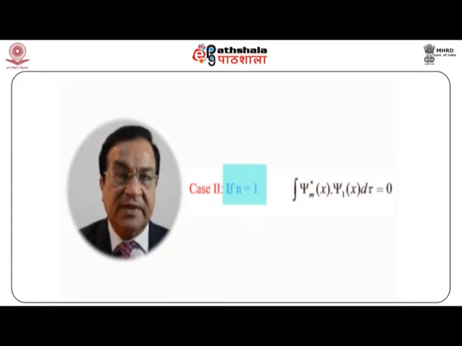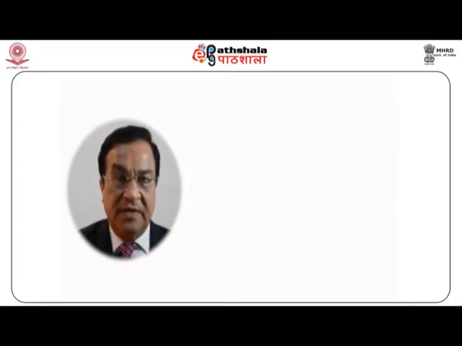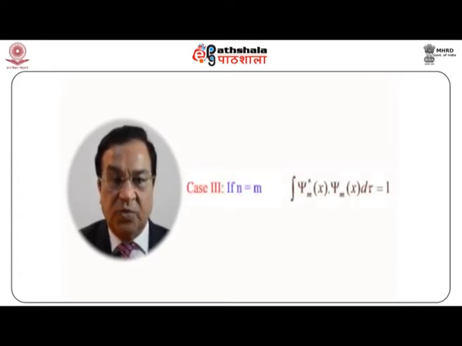And if we take the third case, in which n is equal to m, that means the integral reduces to ψm* ψm dτ. Then this becomes a normalized function and therefore this integral becomes equal to 1.